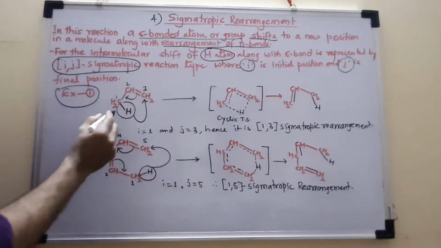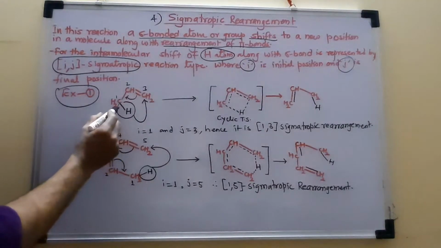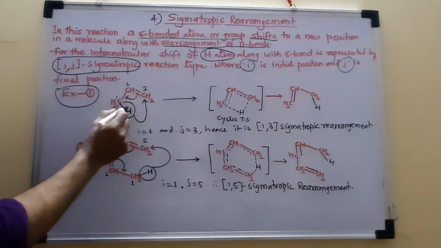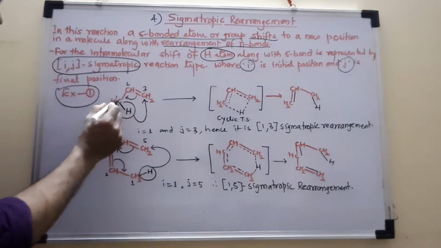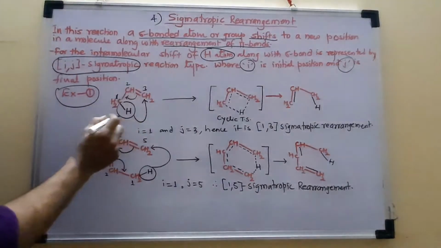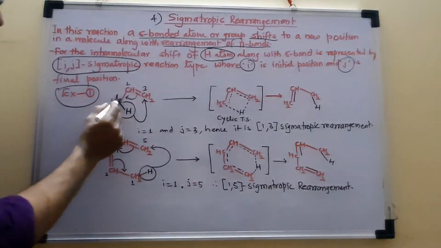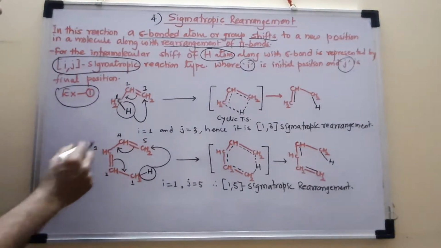Now see this propene. In this propene, the carbon where the hydrogen is present is considered carbon 1. This is not numbering given for the nomenclature. Where the hydrogen is present initially, that carbon is considered carbon 1.